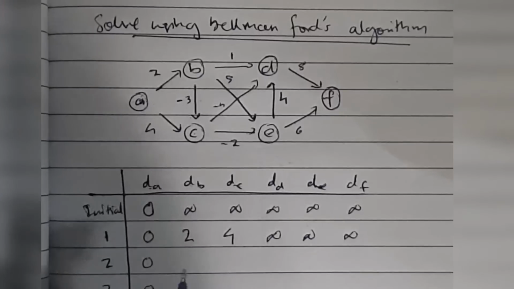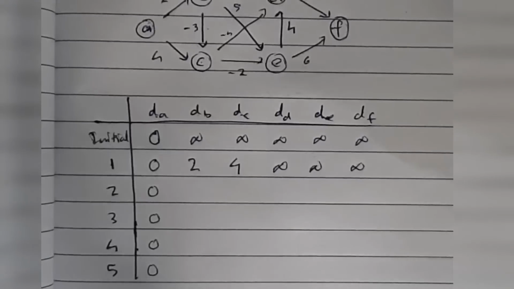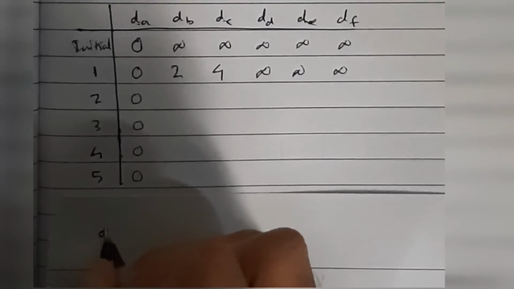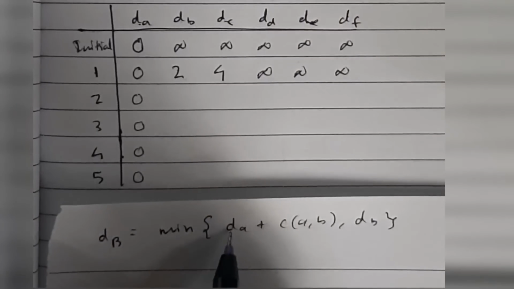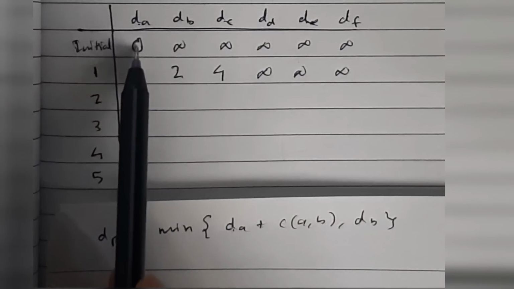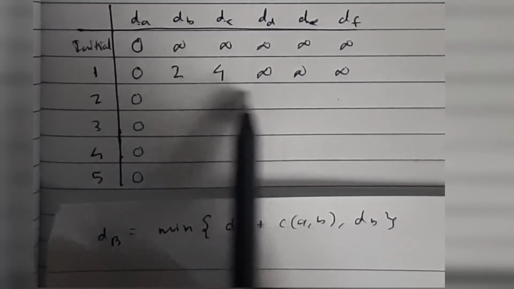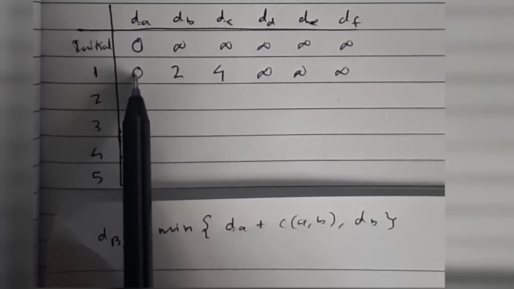In the second trail, I will look at the previous value. This is the formula which I will be using. If I have to calculate for dB, I'll write dB is equal to minimum of dA plus C of A comma B. I'll explain what each of these represents. dA is nothing but the initial value of A. If you are calculating for this row, we'll be looking at the previous row's value, and here it is 0.